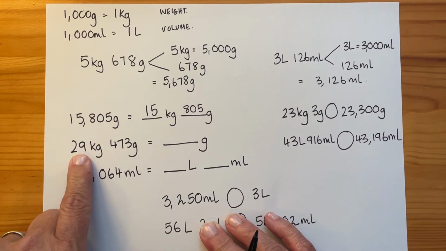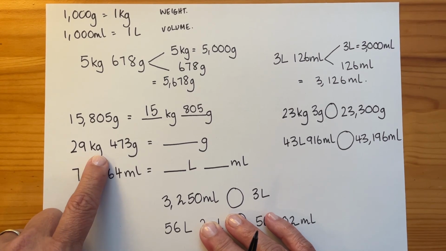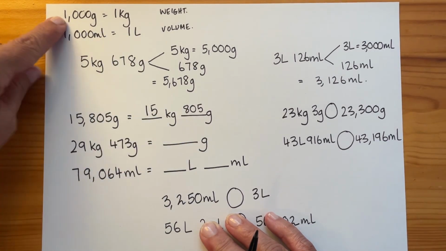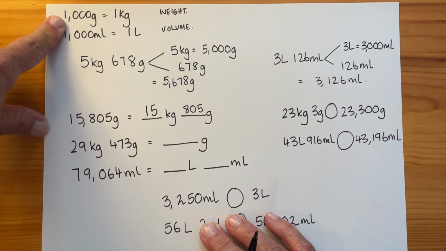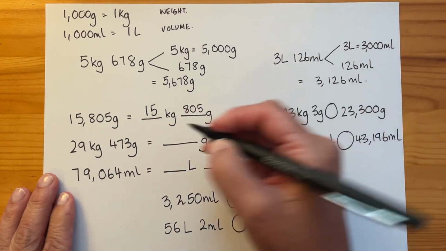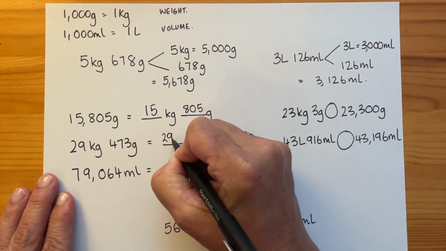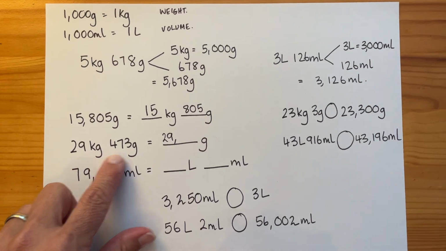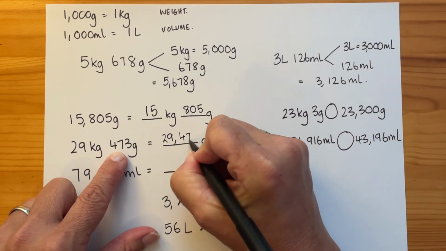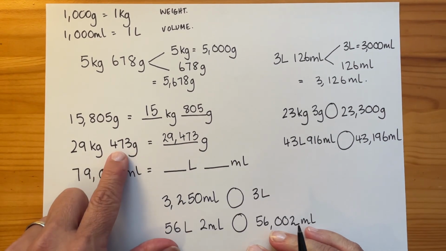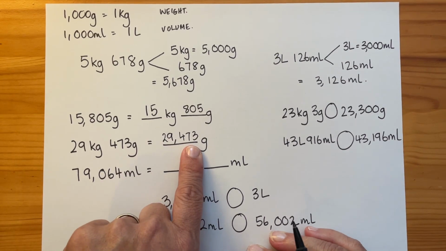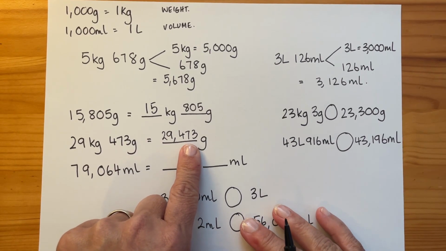So same thing here. You've got 29 kilos times 1,000, right? So that would be the same as saying 29,473 grams. The 473 grams is always what's left over, right?